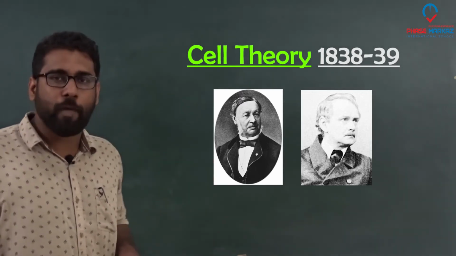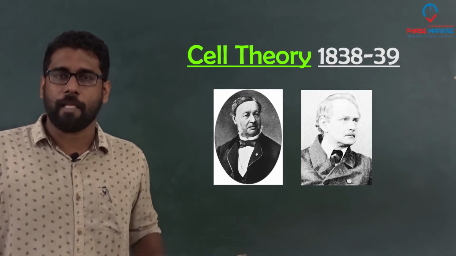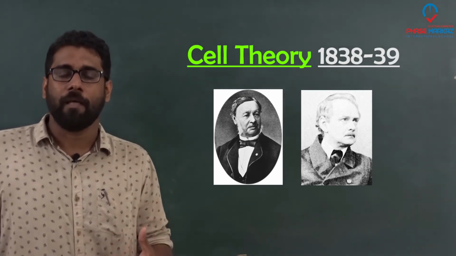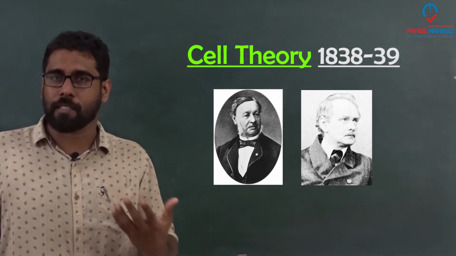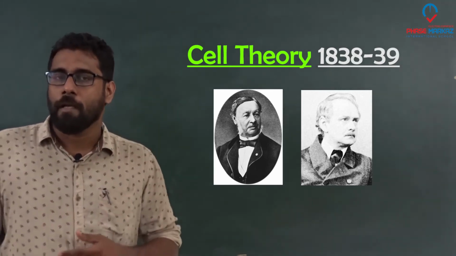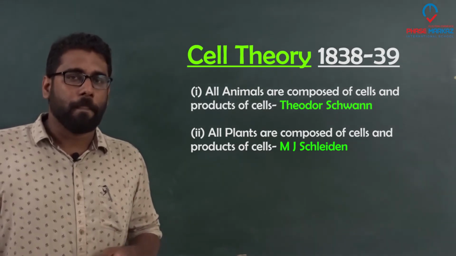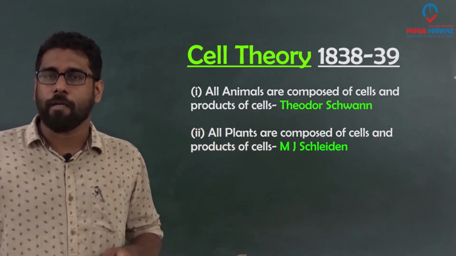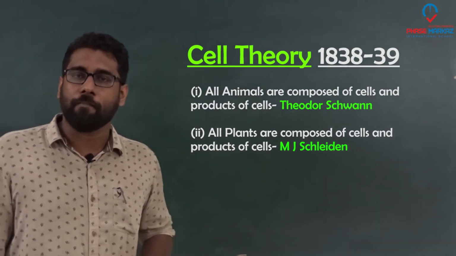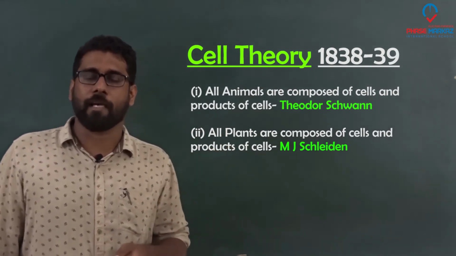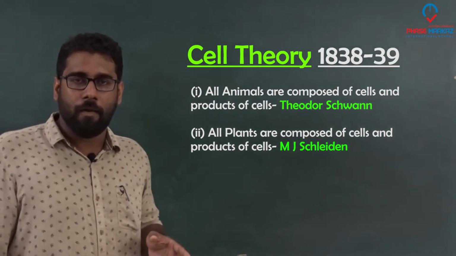And these two scientists came up with a theory. Both of them came up with a theory that's called cell theory. In 1839, they proposed cell theory to the scientific world. Theodor Schwann explained that all animals were composed of cells.